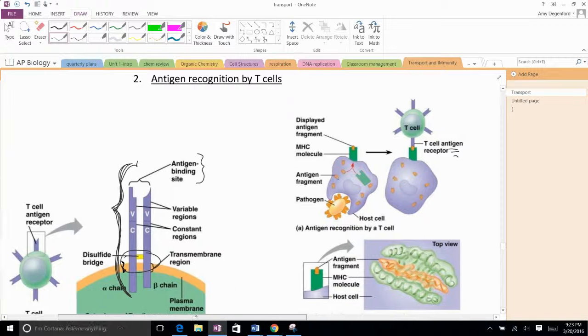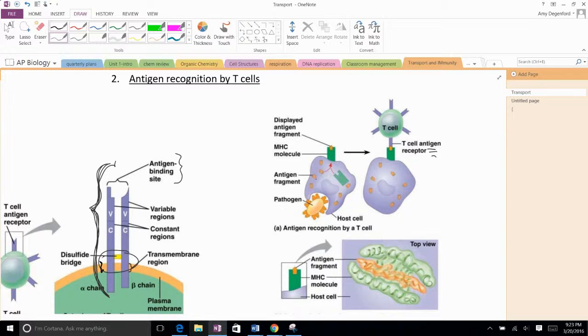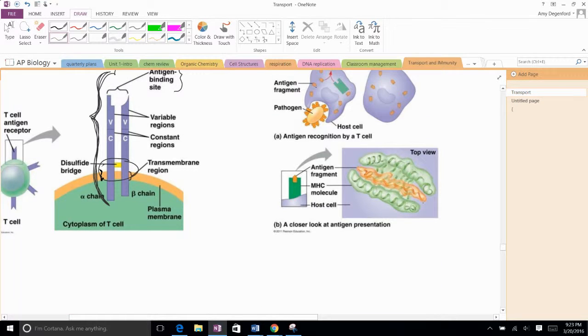What we will notice with the T cells is the interaction between the T cell and the antigen presenting cell. And we will get into this in more detail, but it's this antigen that is recognized by the T cell. And you'll notice that this antigen gets onto this pocket of this MHC molecule.